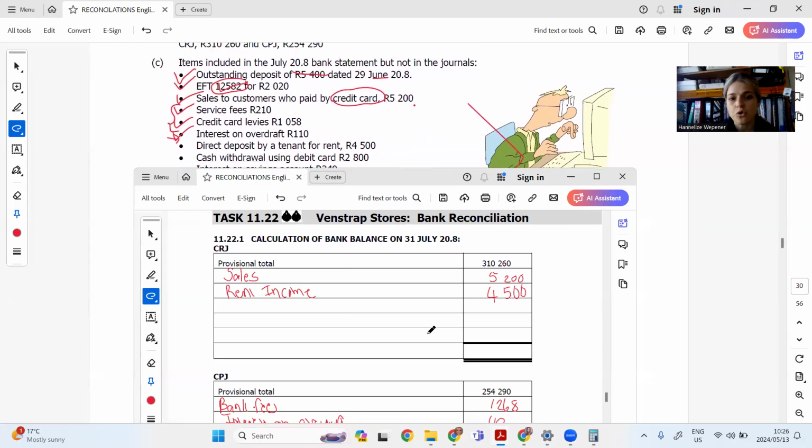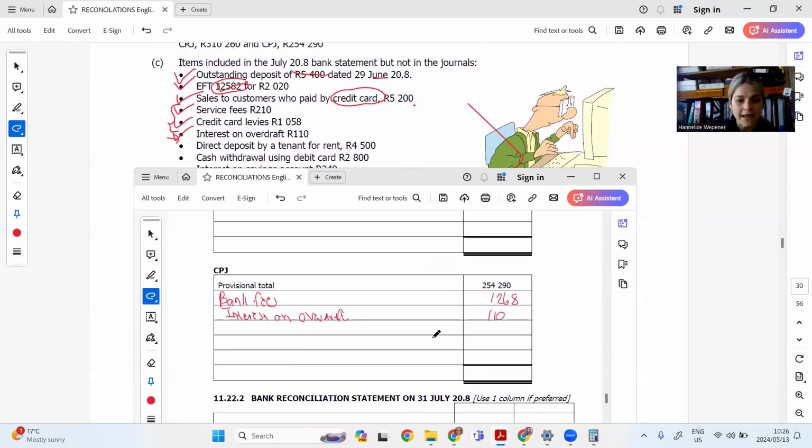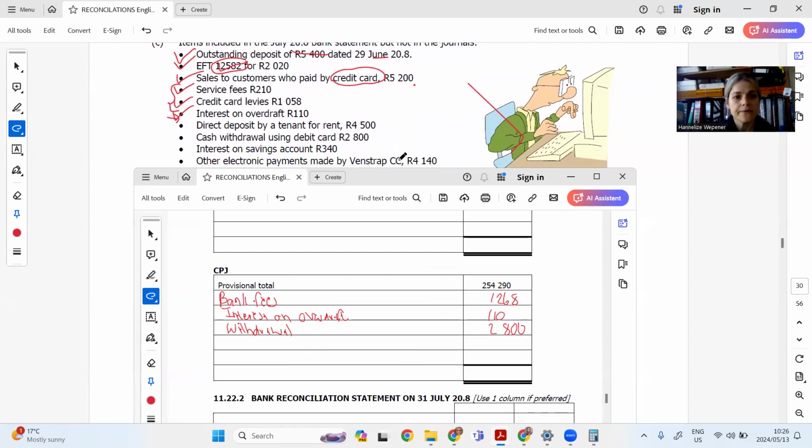Then there was a cash withdrawal. So in other words, you took money from your bank account to pay for something. So why did it make a circle now? So a withdrawal. Okay, and the money that you withdrew is 2,800 that you used to make payments. So you no longer have that amount in your bank account.